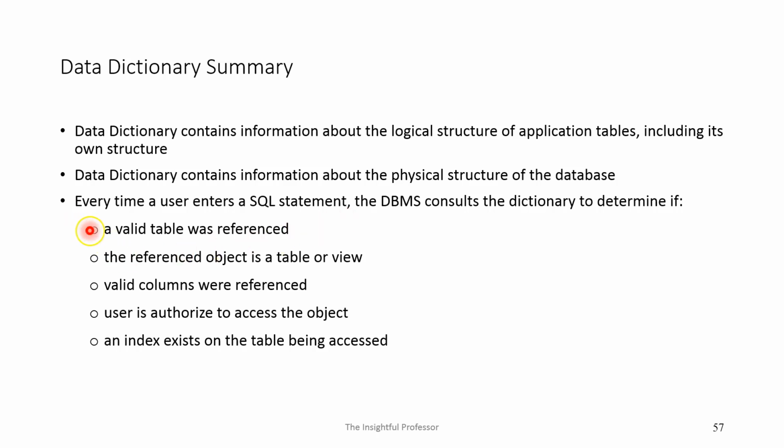It determines if the table is a valid table, if the referenced object is either a table or a view, if the valid column names were specified, or if you gave me a bogus column, if the user is authorized to access the object, if an index exists on the table. So this is where query optimization starts as well, with the data dictionary being accessed.